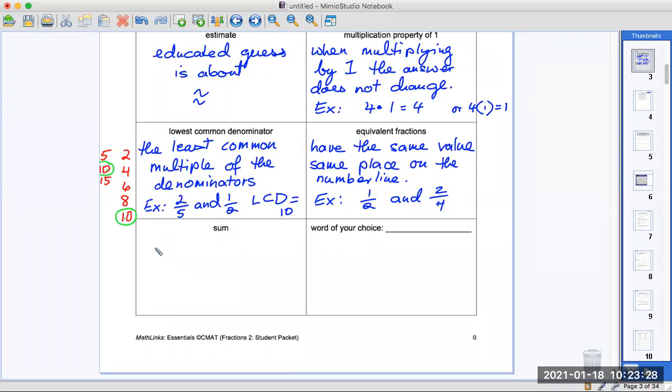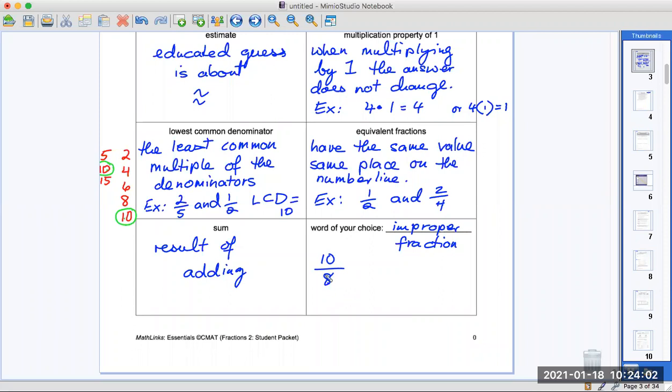Sum is the result of adding. And a word of my choice that I came up with was improper fraction, because in the last lesson, we had to deal a lot with improper fractions and mixed numbers. So an improper fraction is when the numerator is larger than the denominator. You see that? The numerator is larger than the denominator.